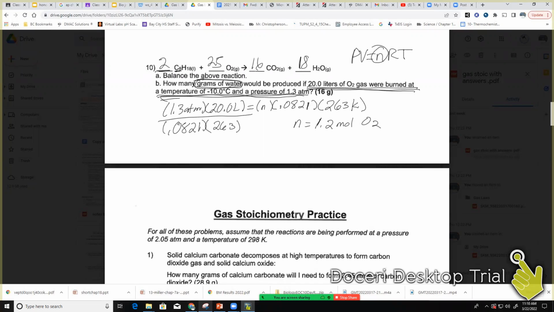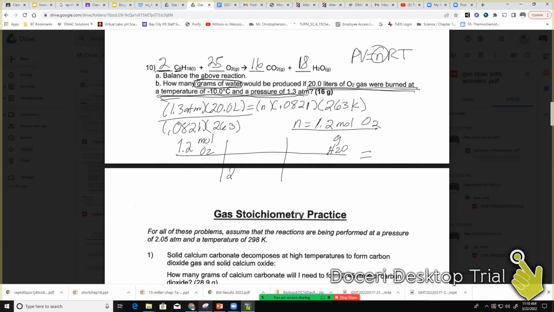Luckily, they are in the same balanced equation, so I can do a mole to gram problem, which we know is 3 steps. And that'll get me grams of water. So I start with my 1.2 moles of oxygen, and I want to get grams of water. First thing on this one is I have to use my mole to mole ratio from my coefficients.